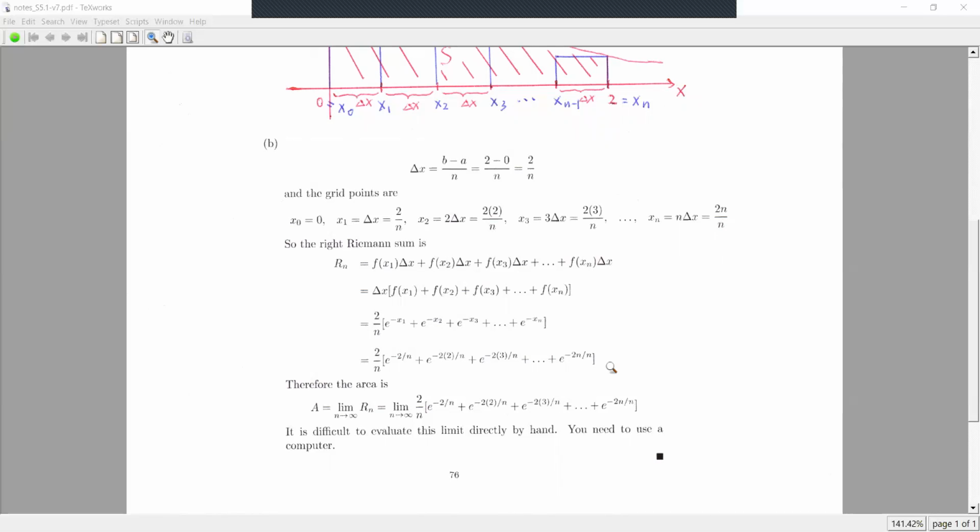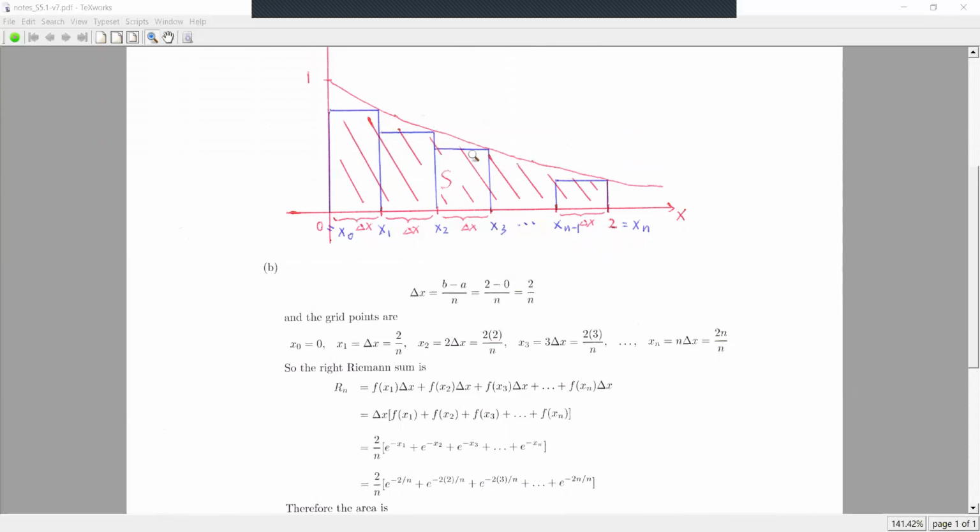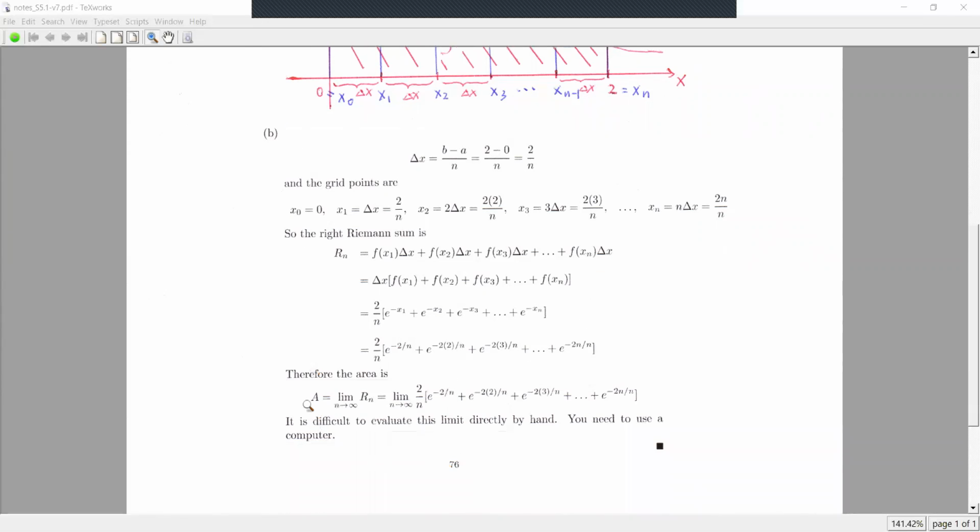Okay, now the area of the region. The area of the region is the limit of this sum as n, the number of rectangles, approaches infinity. So the area is the limit as n approaches infinity of the right Riemann sum.